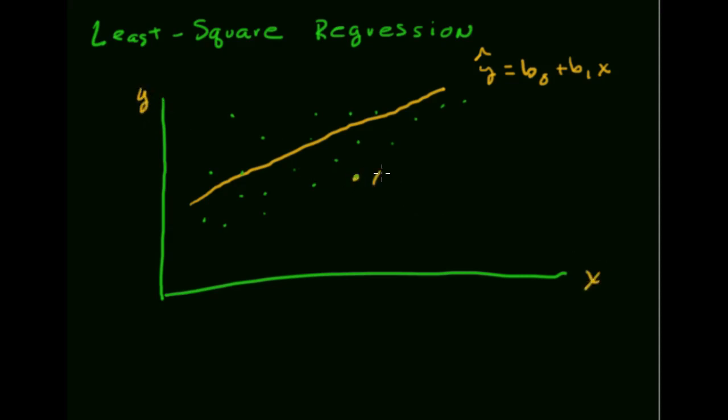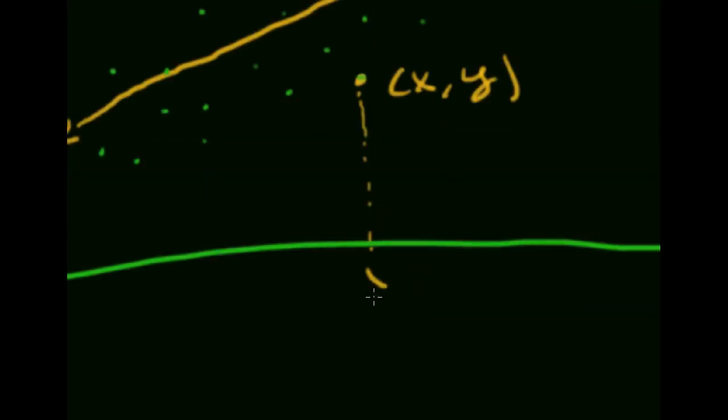Each of these points has an x and a y value. And then this line is a guess, right? It's a guess.